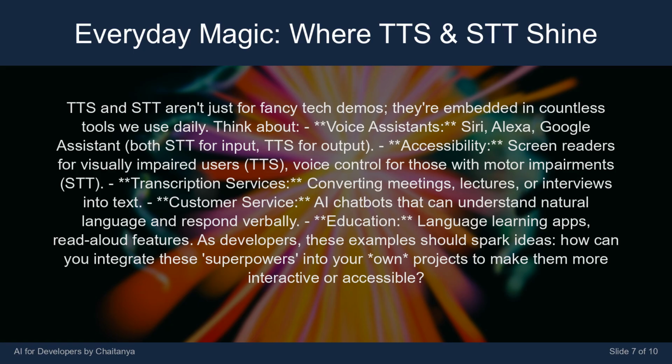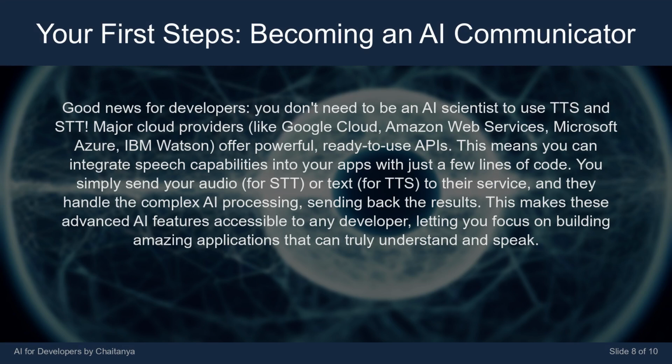How can you integrate these superpowers into your own projects to make them more interactive or accessible? Good news for developers. You don't need to be an AI scientist to use TTS and STT. Major cloud providers, like Google Cloud, Amazon Web Services, Microsoft Azure, IBM Watson, offer powerful, ready-to-use APIs.